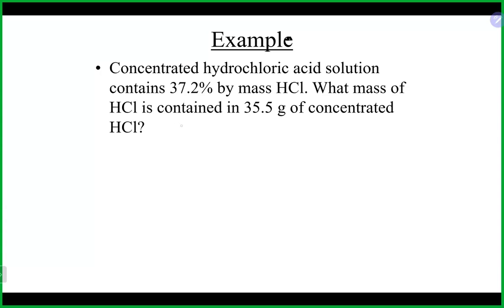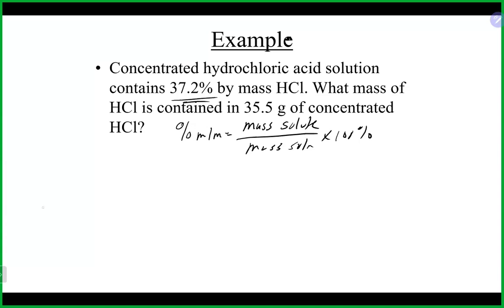So we're going to definitely use our mass percent here. So we have our mass of our solute over our mass of our solution times 100%. In this particular case, we are given the mass percent. So we do know that is 37.2%. We're looking for the mass of the solute in this case, which is the HCl.